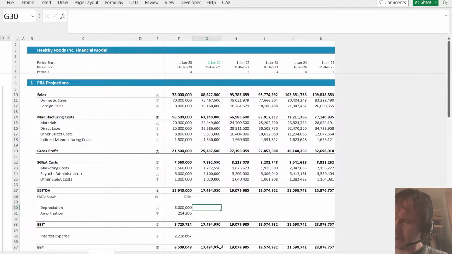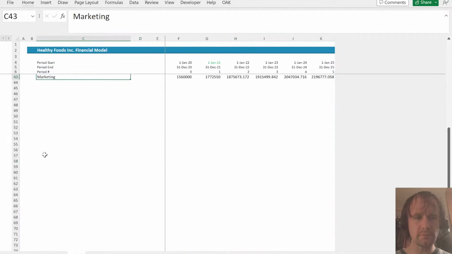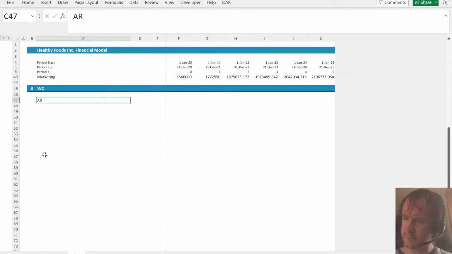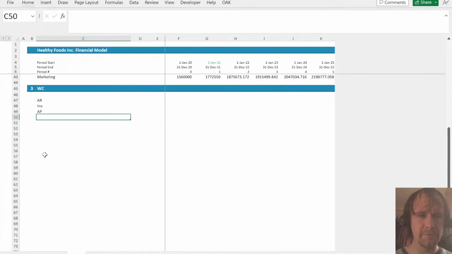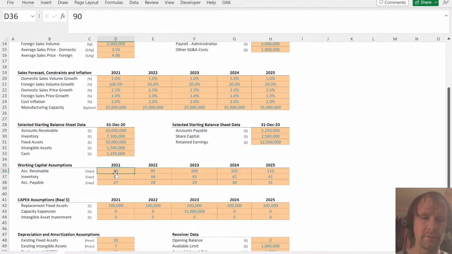Let's look at working capital, accounts receivable. Three work cap. So AR, inventory, and AP. So first we're going to have days, and we're told they start at one place and get to another. Oh, we've actually got the details already put in here. Fine.